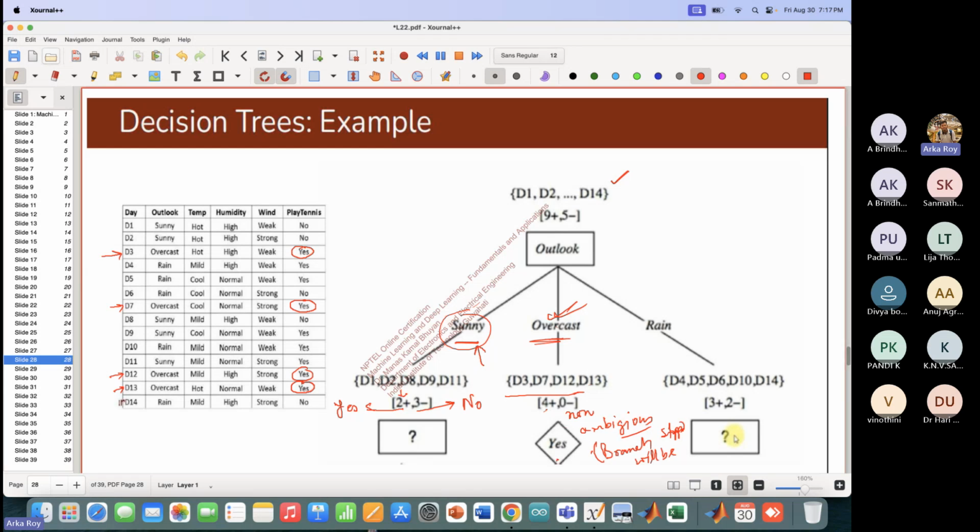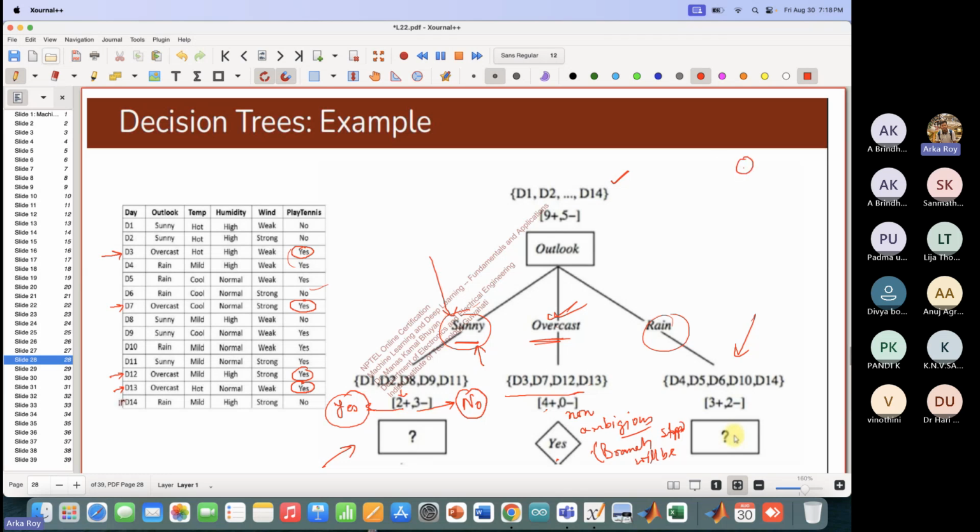There is no ambiguity. However, in this particular case, if you choose your data to be sunny, then you can see out of 5 data, 2 of them are saying yes, 3 of them are saying no. Same as for the rain case. So that means in these two branches, you again have to further expand the tree.